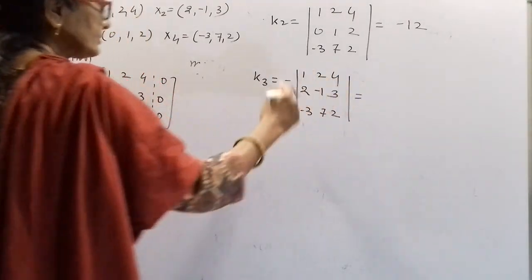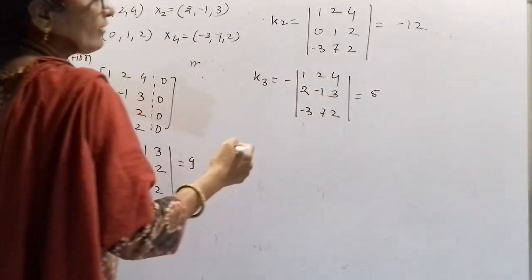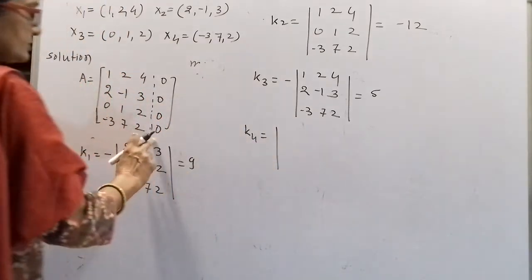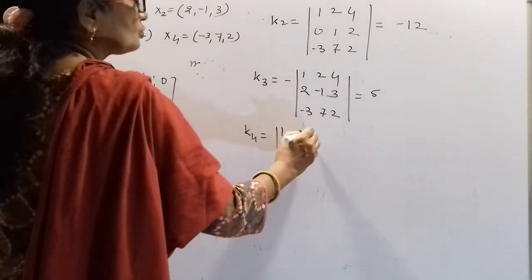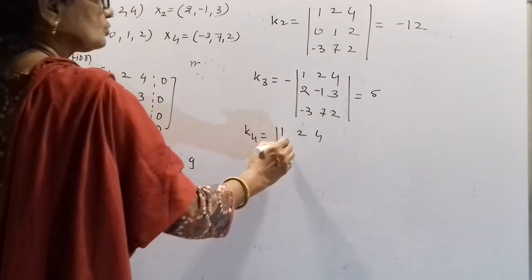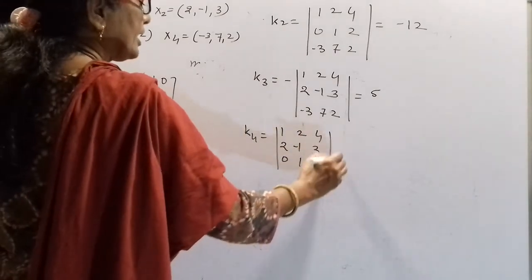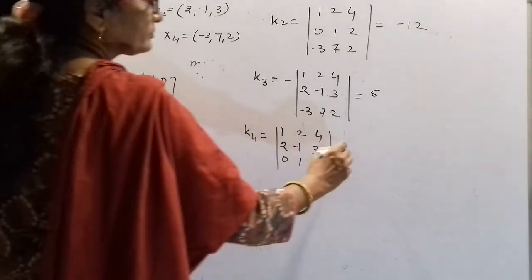We have to solve this one, and we are getting 5. Now we have to find k4. k4 is the cofactor of the last element, this one, and again it is positive. So 1, 2, 4, 2, -1, 3, 0, 1, 2, and we have to solve it, and we are getting -5.